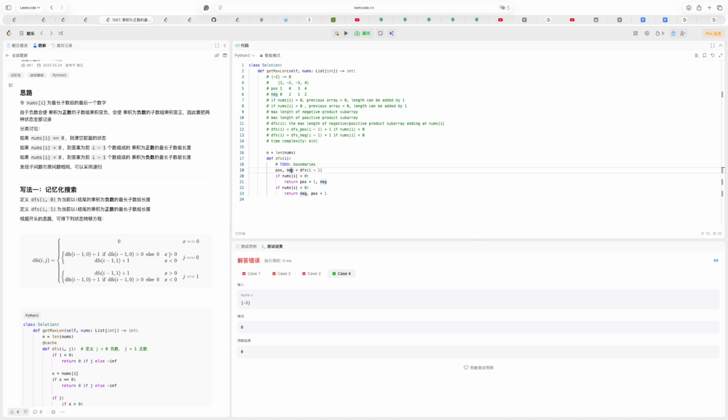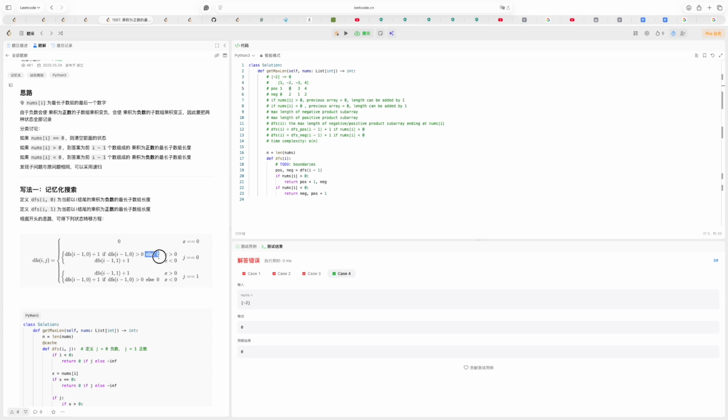And if x is larger than 0, for the negative, it should +1 if... oh, yeah, it's the 0 thing. If it is 0, then we can +1, but no, then we don't. We will return... Oh, then we had to return 0.